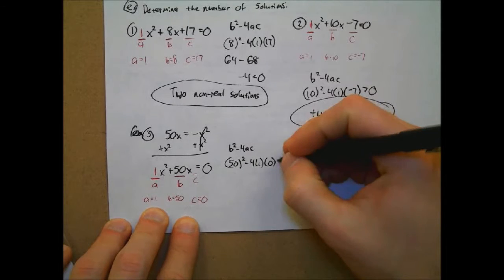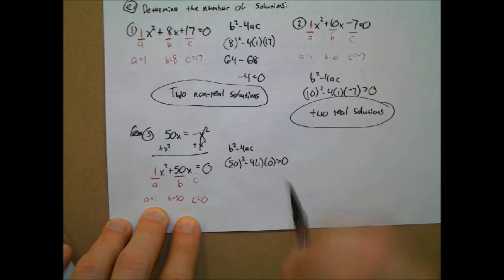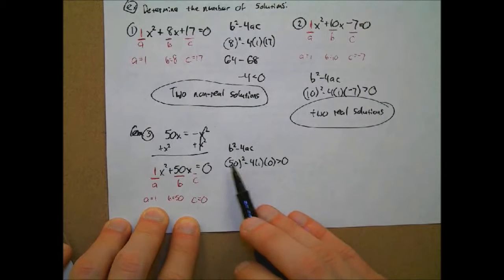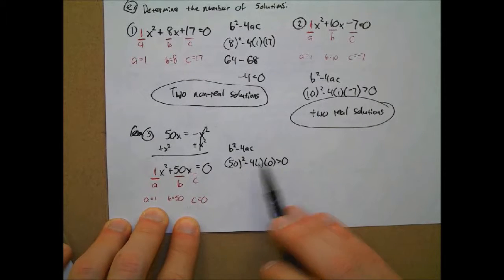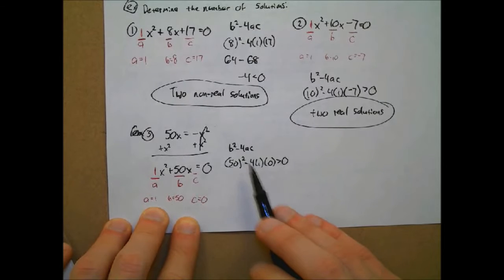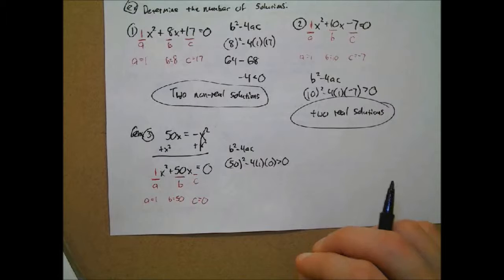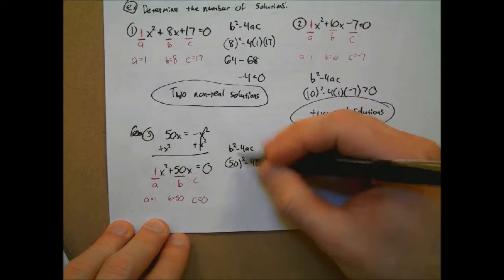It's going to be positive, because 50 squared is a positive number. I'm going to subtract 4 times 1 times 0, but that's just 0. So 50 squared minus 0 is 50 squared, which is positive. That's greater than 0.